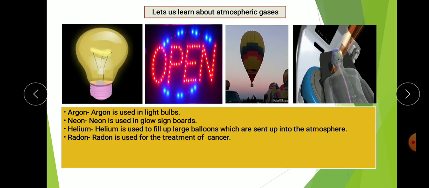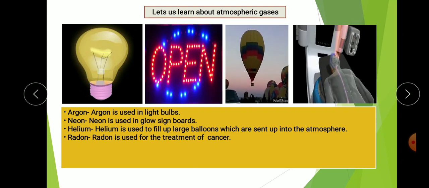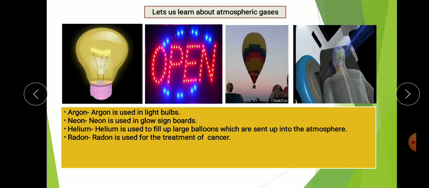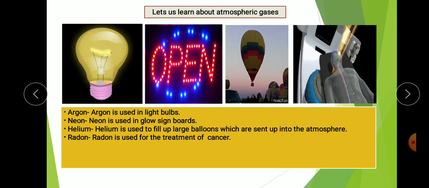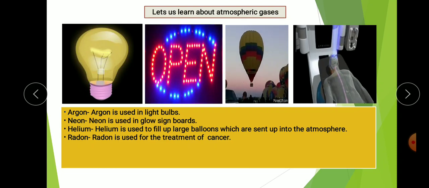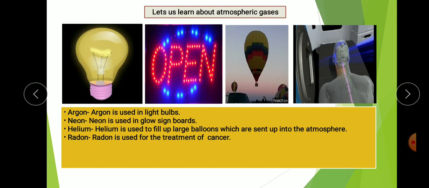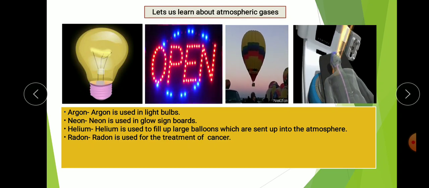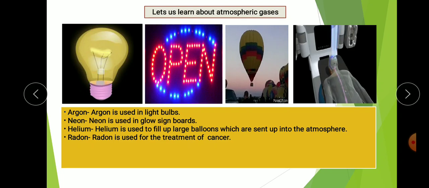Let us learn next about the atmospheric gas argon. Argon is used in light bulbs or tubes. Neon is used in glow signboards, and helium is used to fill up large balloons or small balloons which are sent up into the atmosphere.